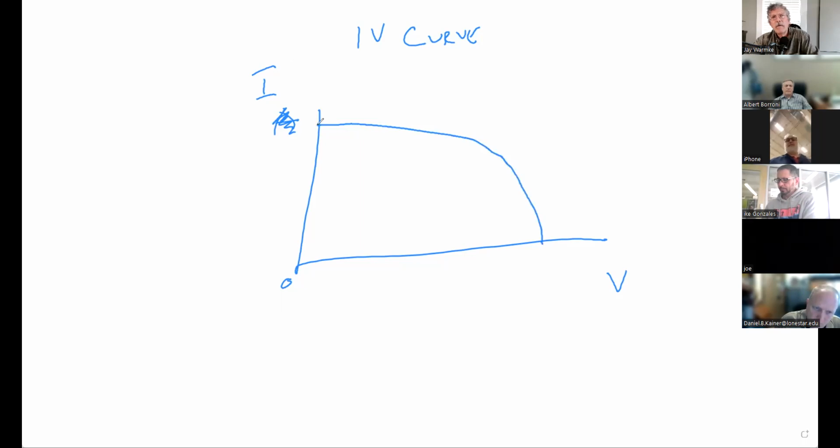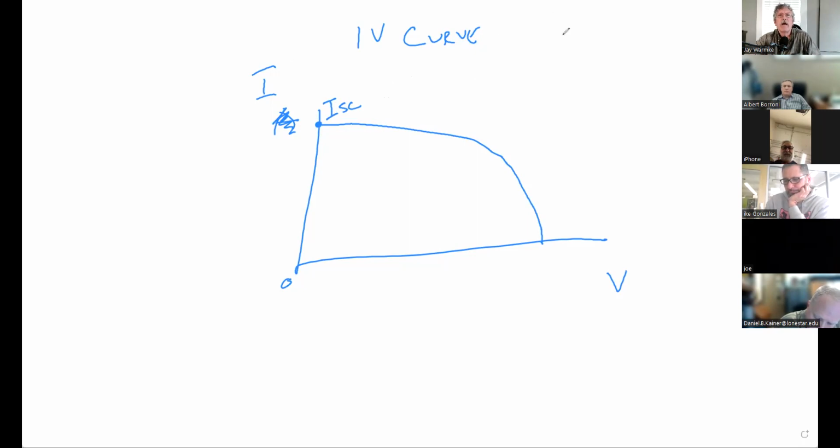And there are only a few points on the curve that we're worried about. This point right up here is the maximum theoretical amps that panel can produce under standard test conditions. And that's going to be the ISC, the amps at short circuit. Again, there are an infinite number of curves for a panel based on conditions.